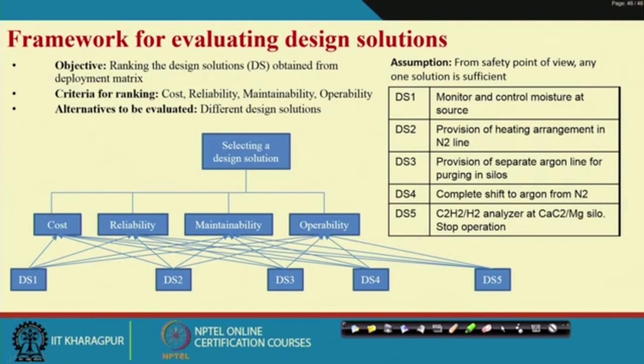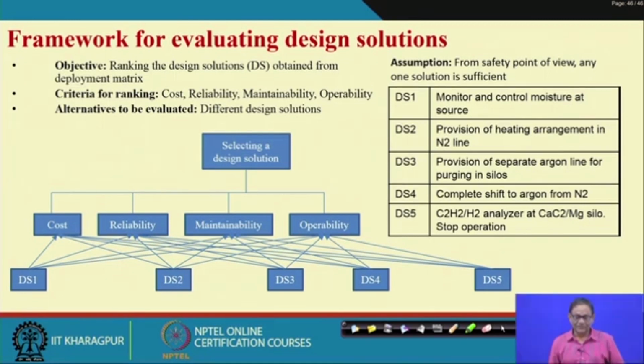In the previous lecture, we discussed safety function deployment, and the sole purpose of that was to find out design solutions that will help in reducing the risk to an acceptable level, provided the solutions are implemented. We have given you the total approach, how you will ultimately arrive at some of the design solutions.